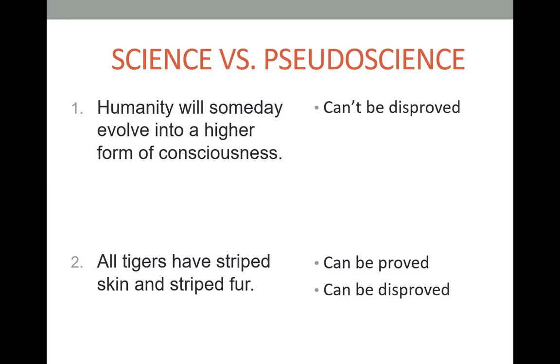The word that bothers me most, in the context of not being able to prove the statement false, is the word someday. Someday is an open-ended statement. Does that mean tomorrow? Does that mean next week, next month, next year, next decade, next century, next millennia, next epoch?